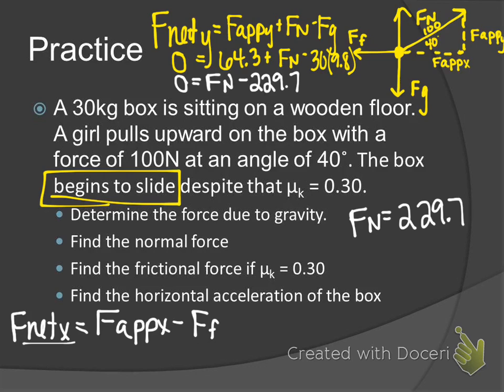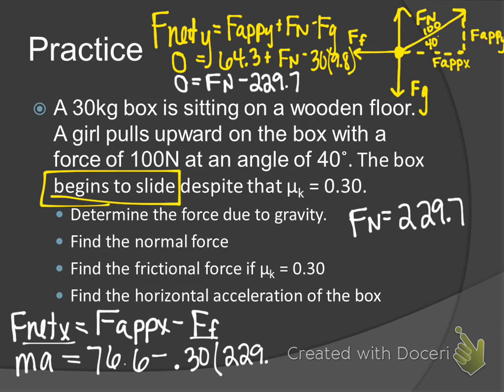Okay, now we can do our substitutions here. So we'll take m times a equals force applied x, which we solved for, and we found it equals 76.6. Force of friction, we're going to take coefficient, which is 0.3, times the normal force, which is 229.7.